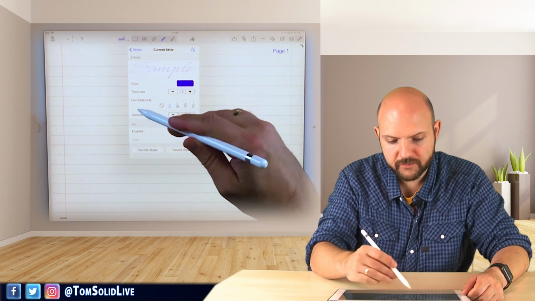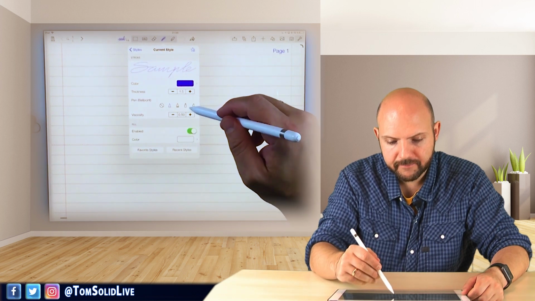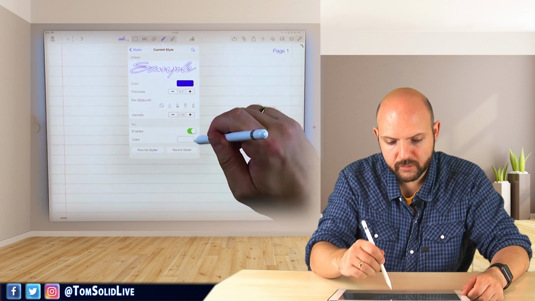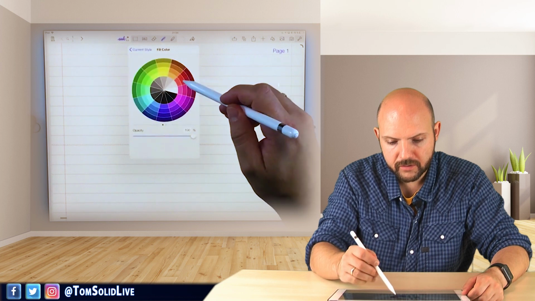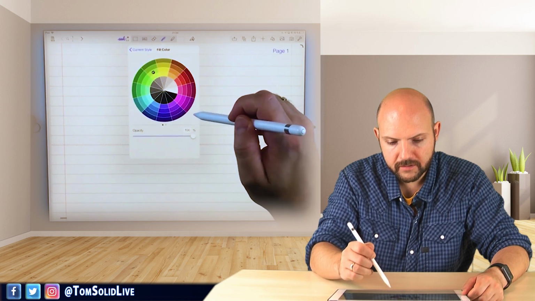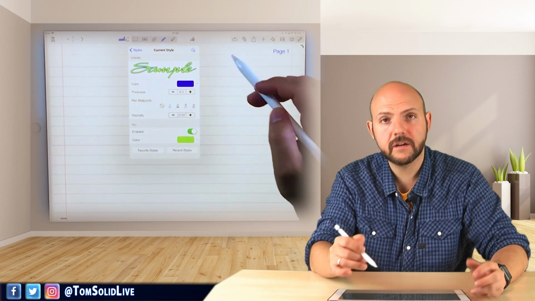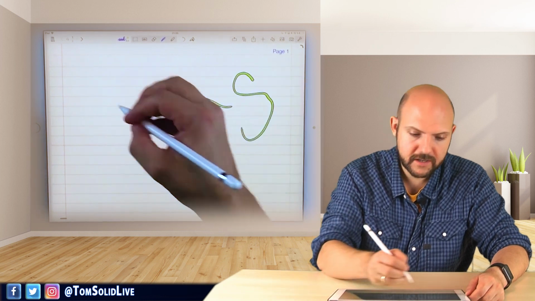Then you can change the viscosity, and you can choose a filling. So if I make the thickness, and we can change a filling here like this, and there you go. You get a green filling and the blue color outside, so that's really nice. And then you can have this as writing.